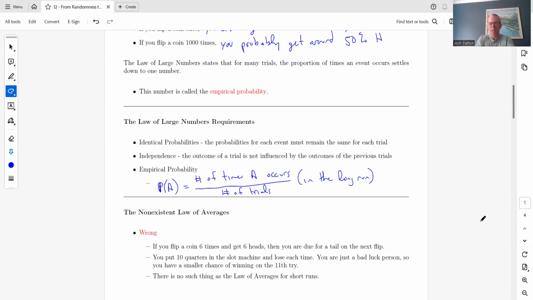To say that another way, if you flip a coin 10 times, or whatever random thing you're doing, you could get 10 heads, you could get 9 heads, you could get 8 heads, you could get 0 heads. Over a short number of trials, anything could literally happen. But again, if you flip a coin 1,000 times, you are not going to get 1,000 heads. It's just not going to happen. You will be close to that 50%. So over the long run, things balance out. The law of averages does not work because it's assuming that probabilities are changing when they're really not.